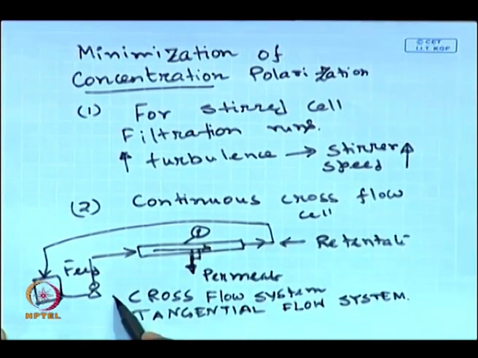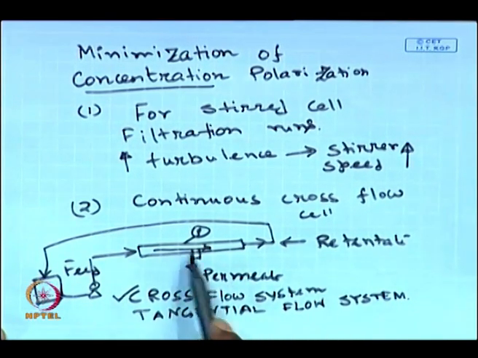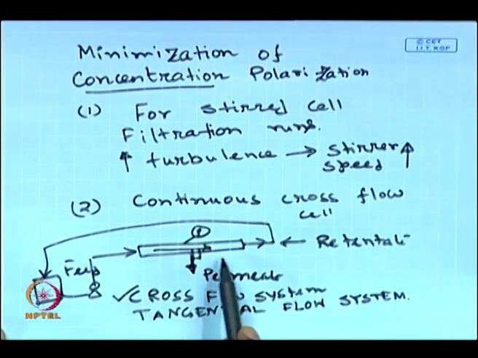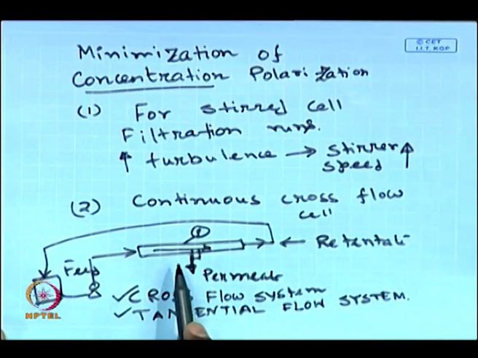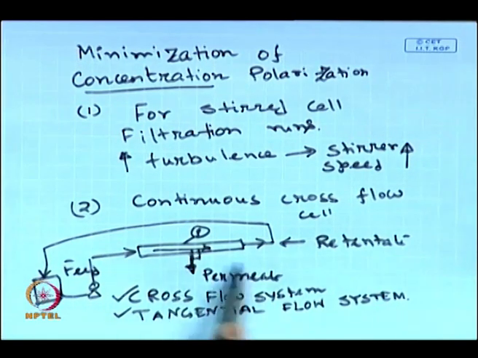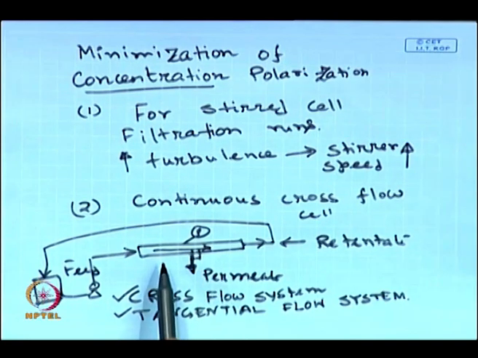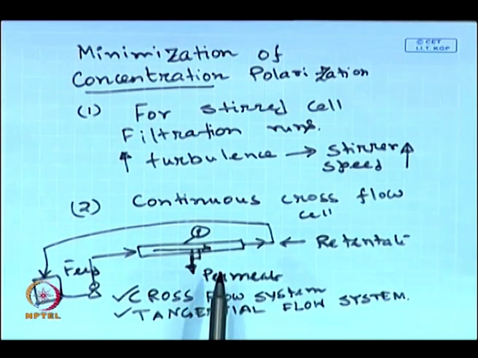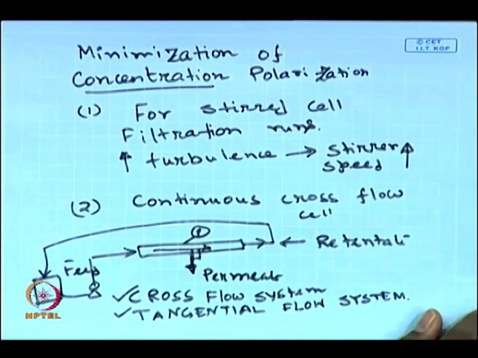It is called a cross flow system because of this cross flow of the permeate with respect to the retentate or the feed, or it is called tangential flow because feed is allowed to flow tangentially over the membrane surface. Therefore, by inducing such flow in the system, one can decrease the thickness of the concentration boundary layer and reduce the concentration polarization layer, and consequently have an increase in the permeate flux or the productivity of the system.